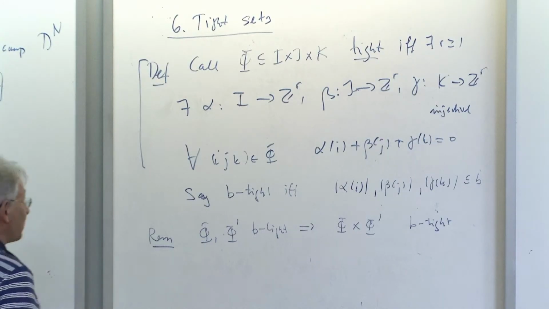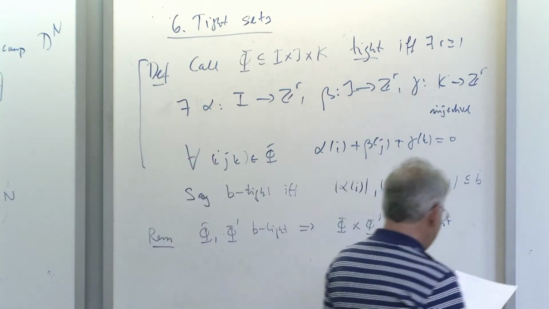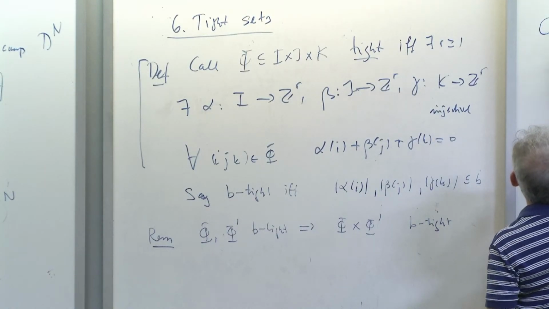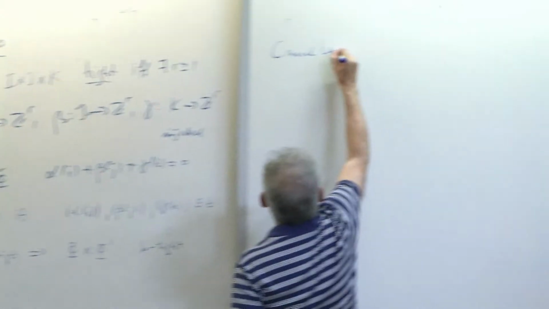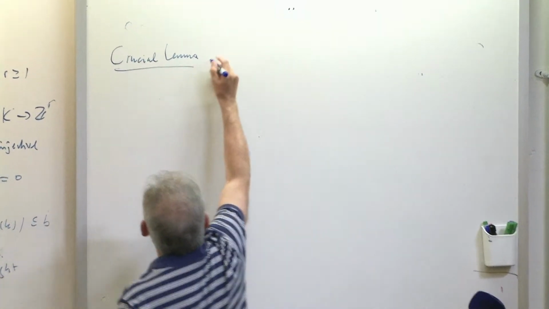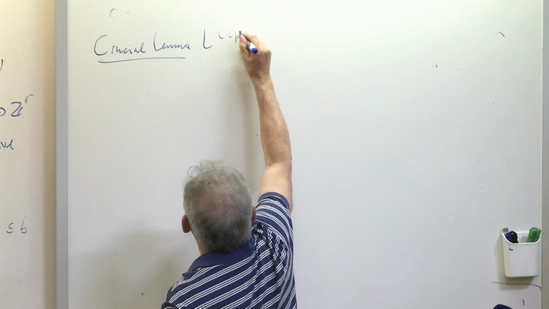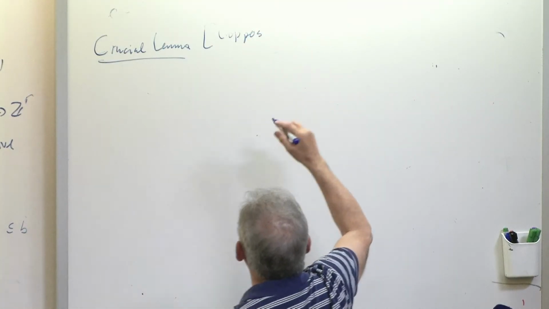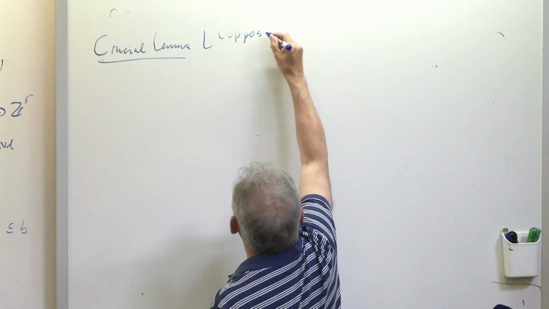So now comes, maybe I can write it here, the crucial technical lemma. And this is basically Coppersmith and Winograd, but then it was generalized by Strassen.